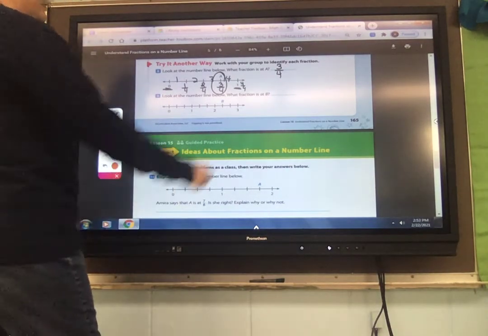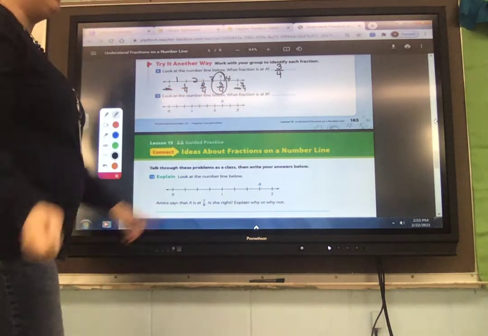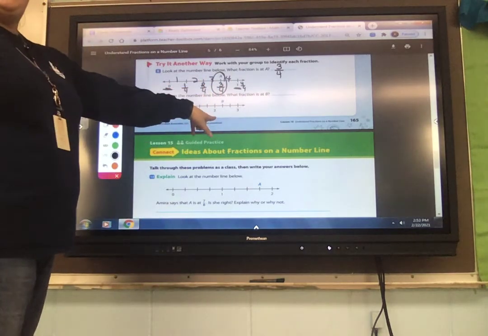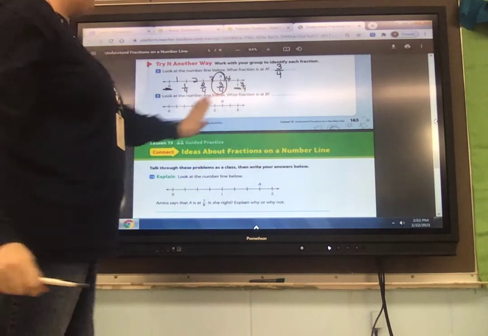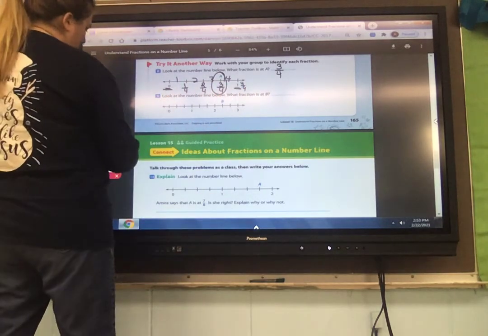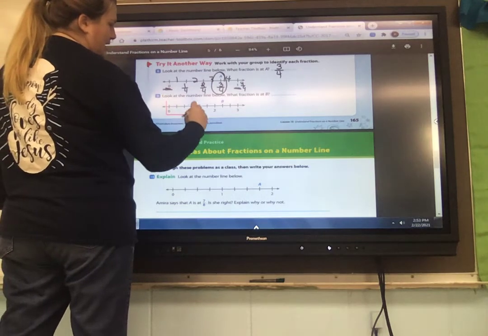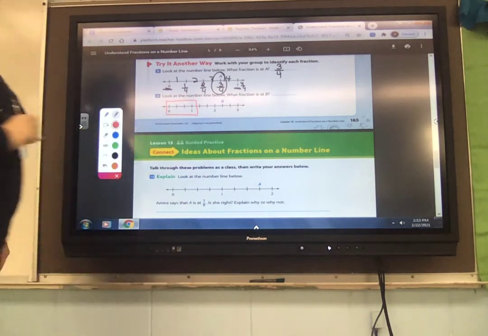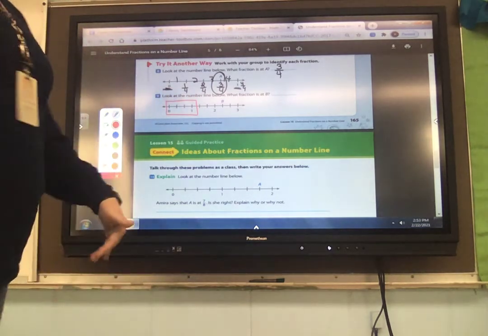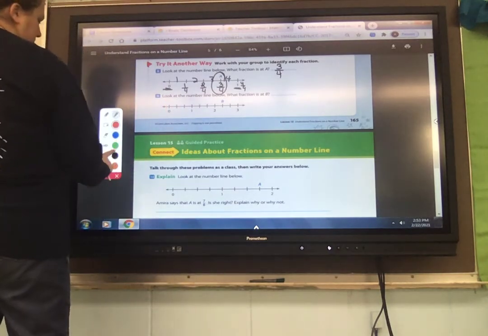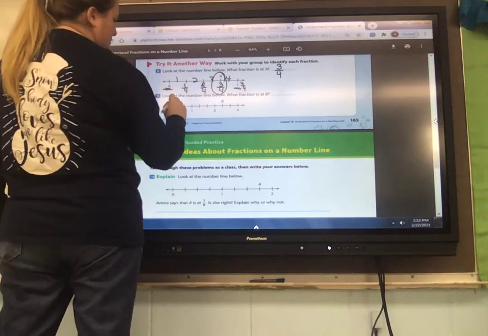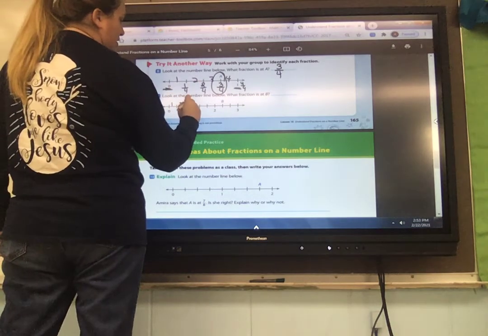Number 9, finding B. First thing I notice is B has gone past a different whole number than 1. So I'm not going to worry about B until I figure out what are my sections going to be. Remember, we only look from 0 to 1. So I'm going to count just these sections from 0 to 1. 1, 2, 3.